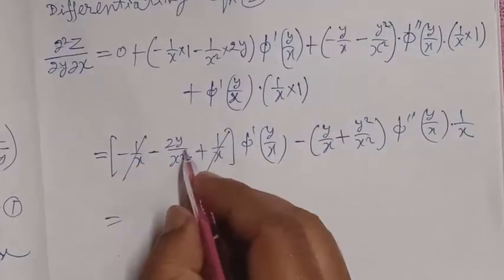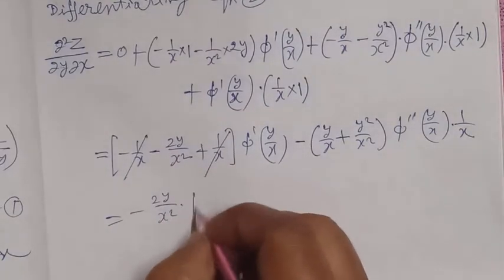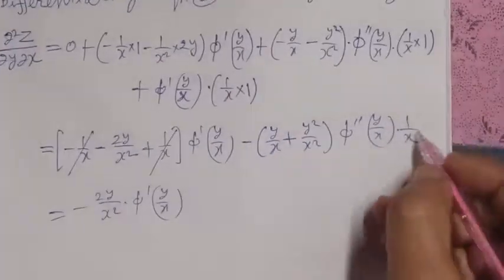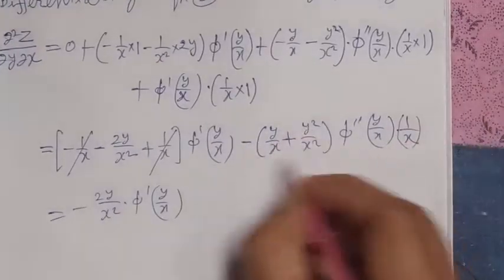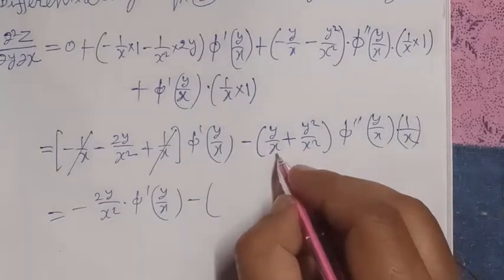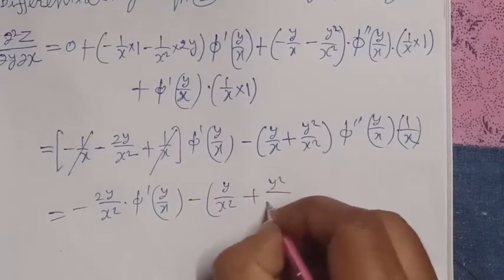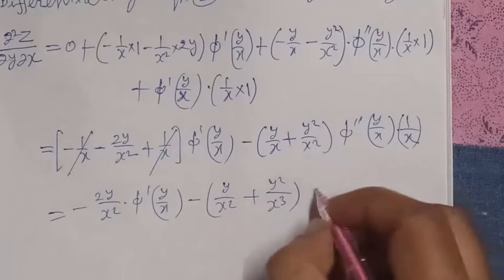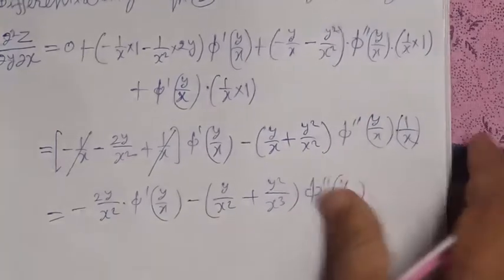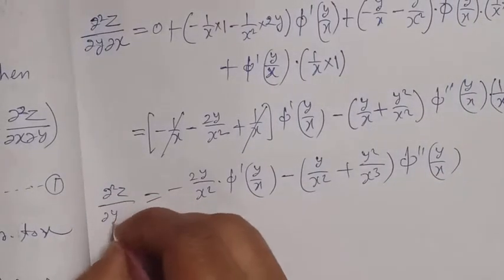So I write the next term, which is minus 2y upon x square phi dash y upon x. We can also multiply 1 upon x to this term, then this term becomes y upon x square, also y square upon x cube, which is the coefficient of phi double dash y upon x, and this is the value of del 2 z over del y del x.